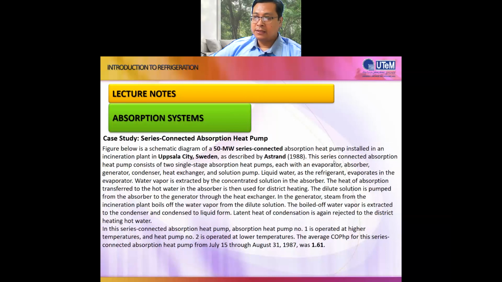The series connected absorption heat pump consists of two single stage heat pumps, each with an evaporator, absorber, generator and condenser. They use the normal auxiliaries, and they get a COP of 1.61.